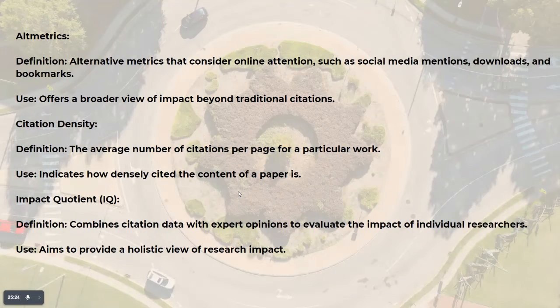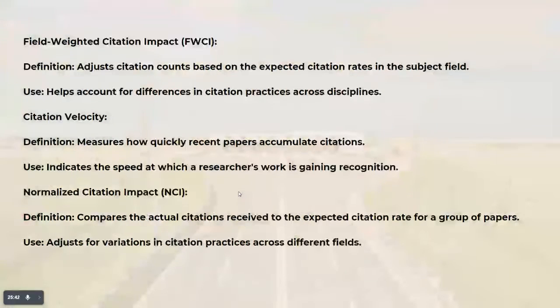Then we will talk about altmetrics and the citation density. Citation density means the average number of citations per page for a particular work. Then we have the field-weighted citation impact, citation velocity, and normalized citation impact.